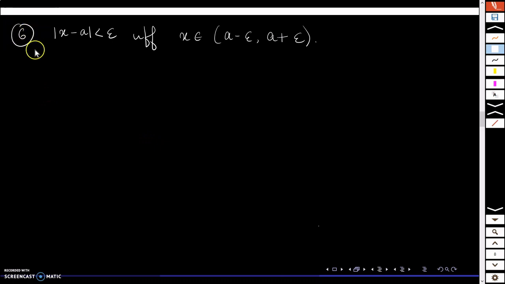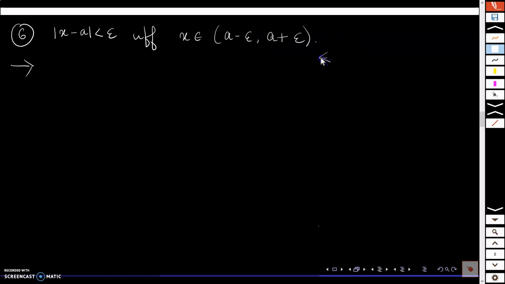The next property, property number 6, is just an extension of the last property, that is property number 5. What this says is modulus of x minus a is less than epsilon if and only if x belongs to the open interval a minus epsilon comma a plus epsilon.